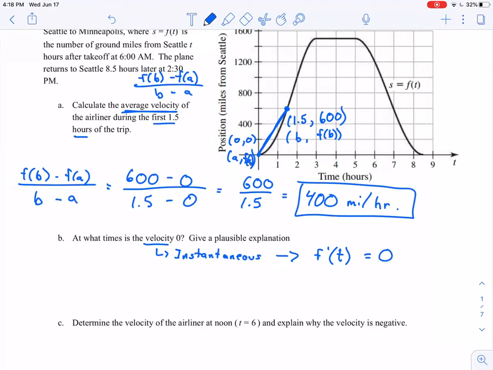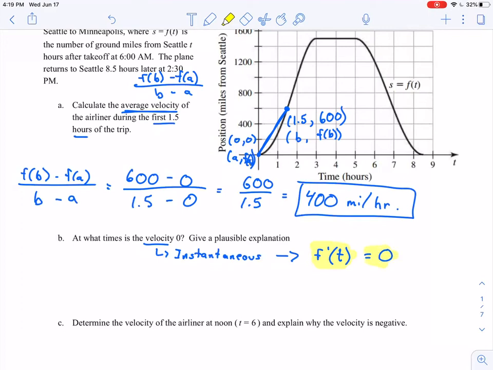Well, what would I see with this graphically? When f prime of t is equal to 0, we've kind of gone the other way. Remember, f prime is the derivative, and it tells me the slope of the tangent line. So I want to identify t values where the slope of the tangent line is equal to 0.